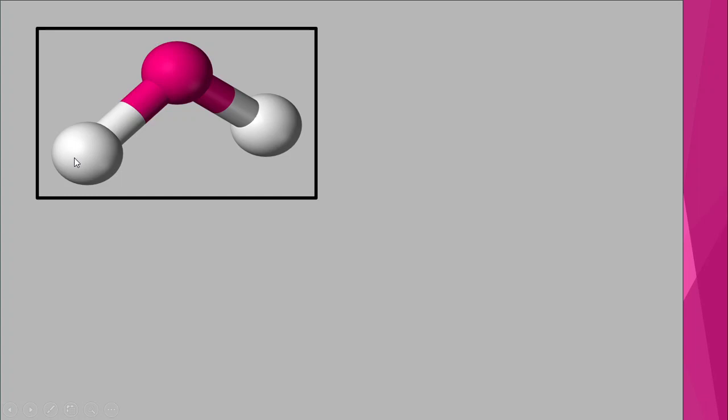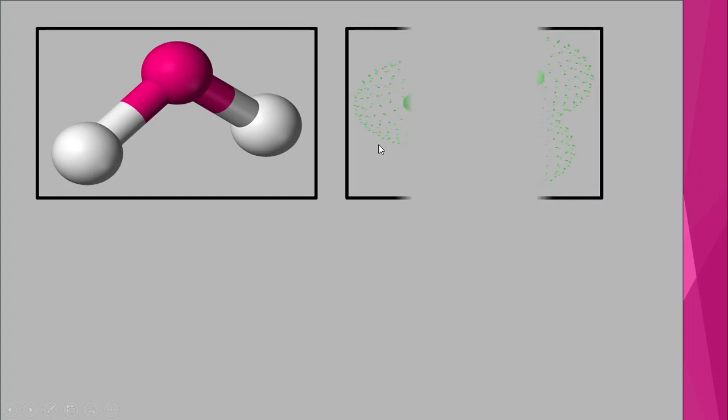Let's take this as H1 and this as H2. This is for our understanding. It is not necessary to label these atoms. And the central one is oxygen.